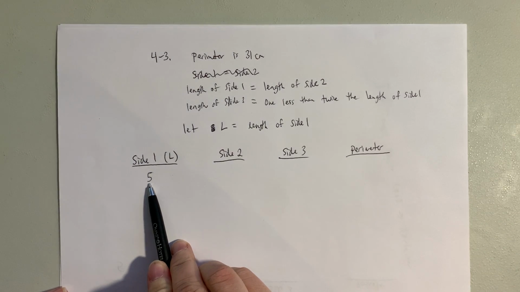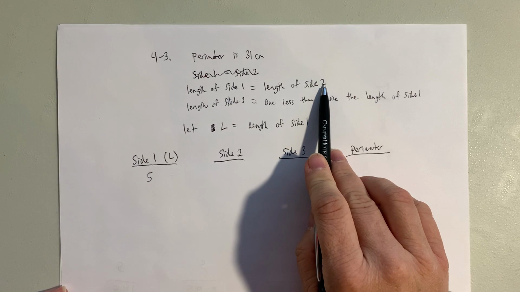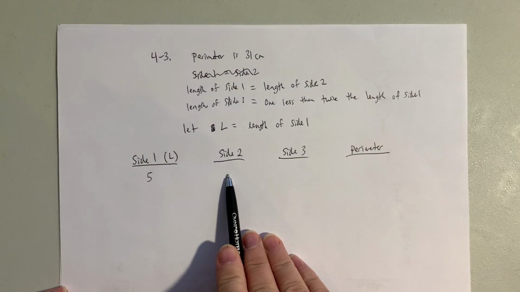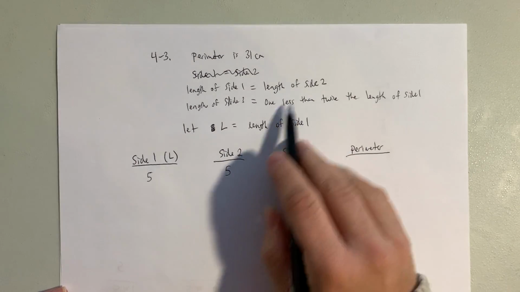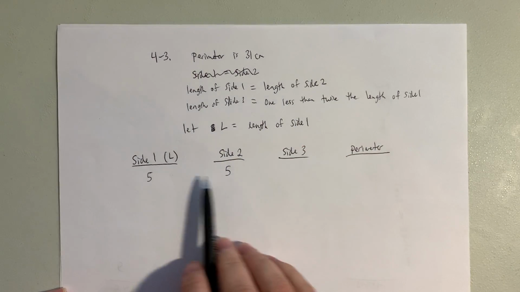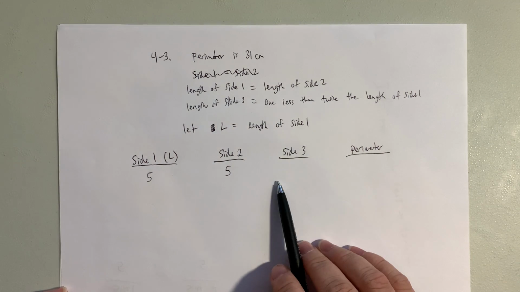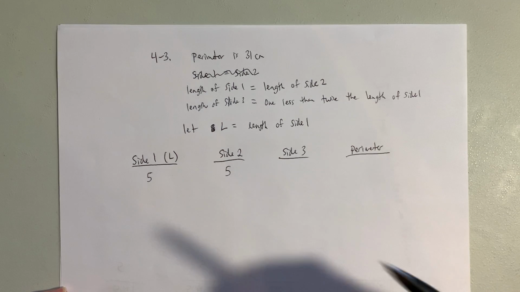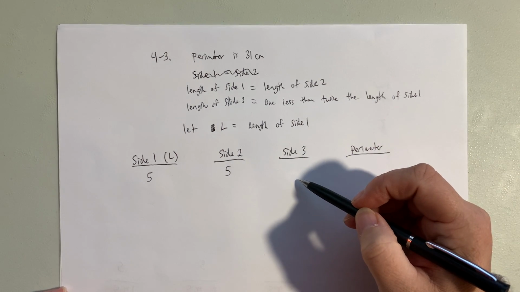All right, well, if the first side is 5 centimeters and the length of side 1 is equal to the length of side 2, then that means that side 2 is also 5 centimeters because they're the same, right? Now this is probably pretty obvious, but in this next step, you wrote that the third side length is 9, right?